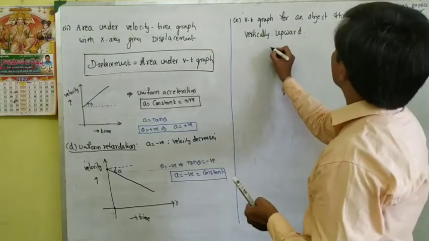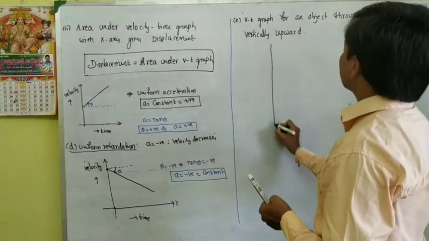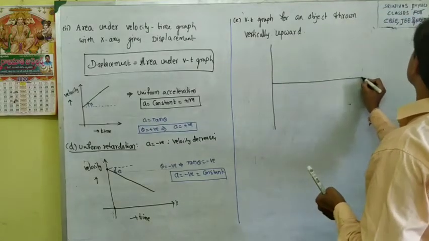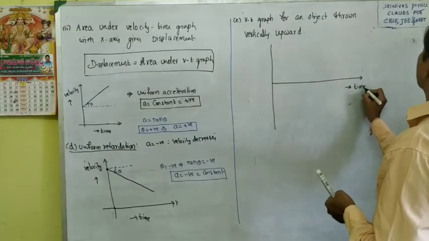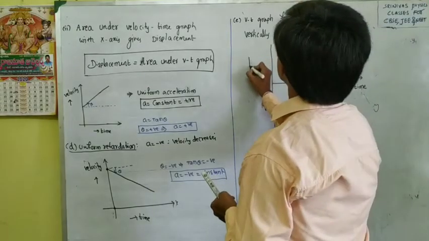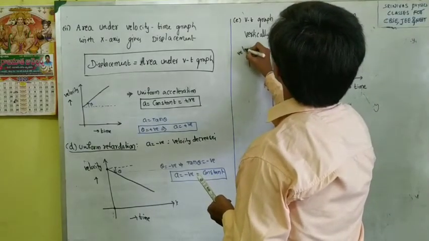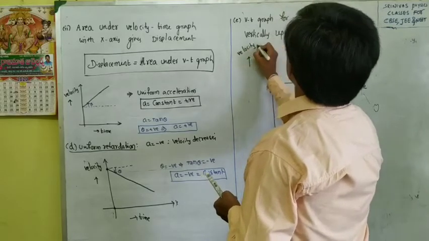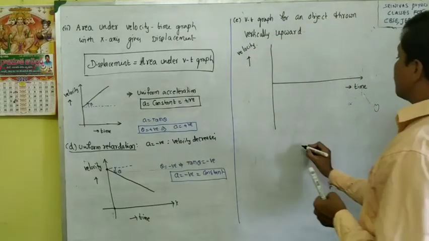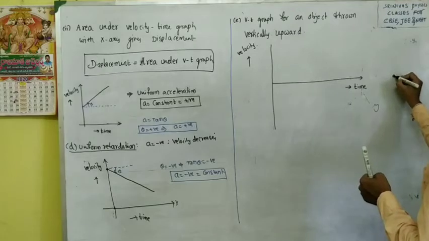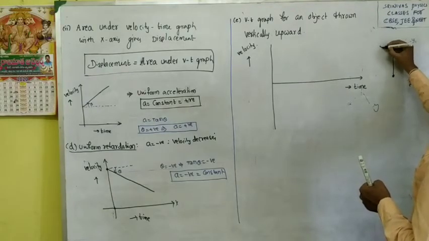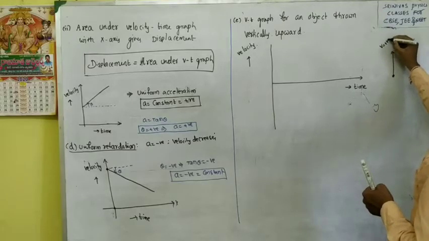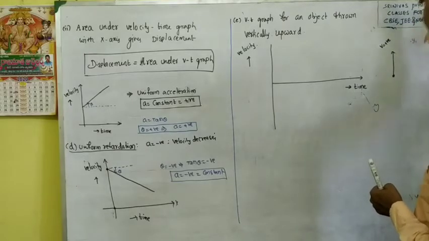Let us see. For this, this is the time, and this is velocity. Remember that if you are going upward, we will take velocity as positive, on the positive y-axis.